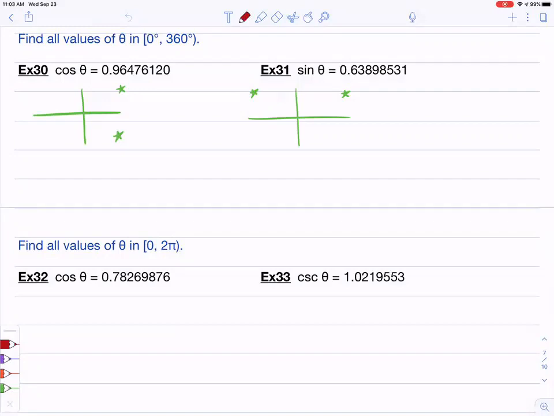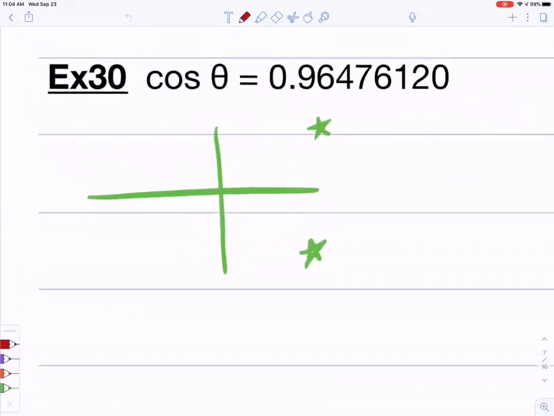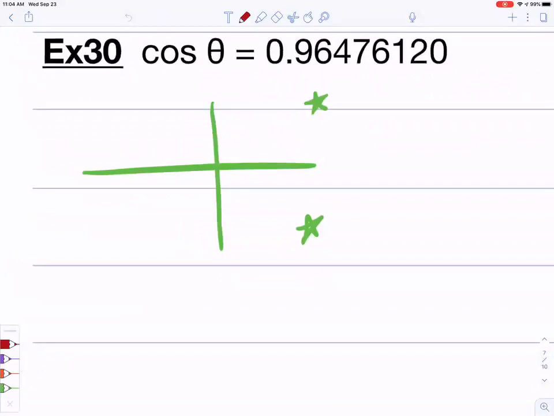So we left off making a plan for exercise 30 and 31. Can somebody tell me, you're going to have to speak clearly, how did we make a plan for number 30? How did we get that plan?